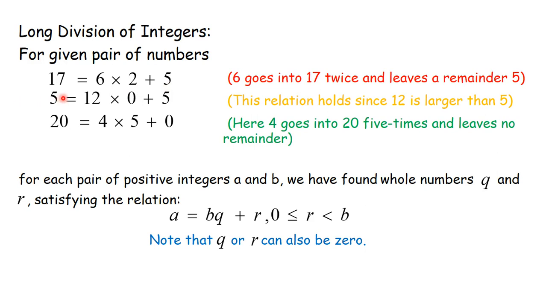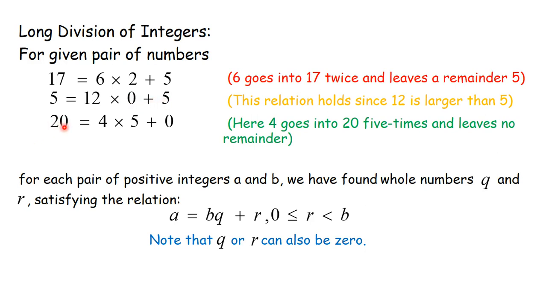Suppose I am given a pair of integers 5 and 12. Can I write the smaller number by using the larger number? Yes. The smaller number 5 can be written by using the larger number 12 as 12 into 0 plus 5.